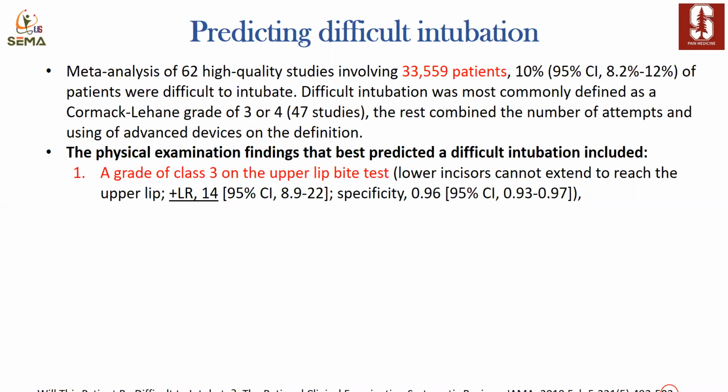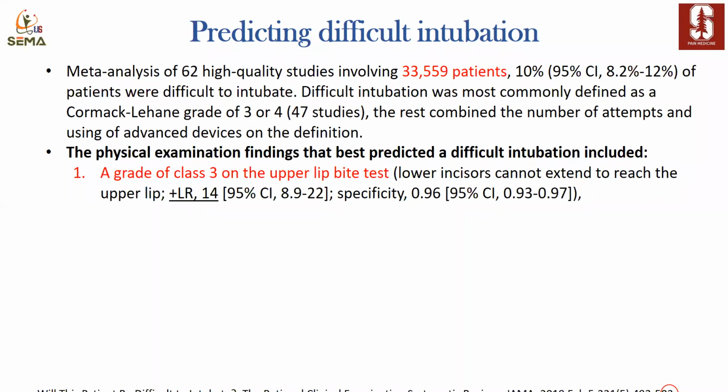So positive likelihood ratio, basically it tells you how much the probability of having the disease increases given the test is positive. And basically it's a ratio that divides the probability of a person with a condition testing positive, the true positive, by the probability of a person without the condition testing positive, the false positive. So it's the probability of true positive divided by the probability of false positive.